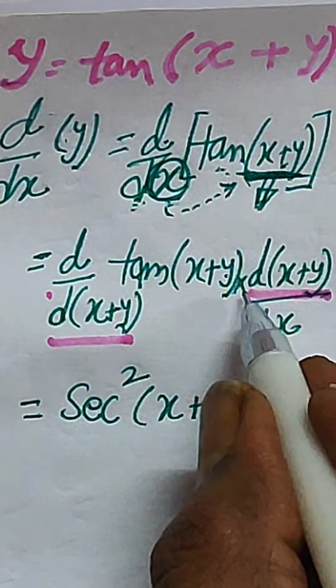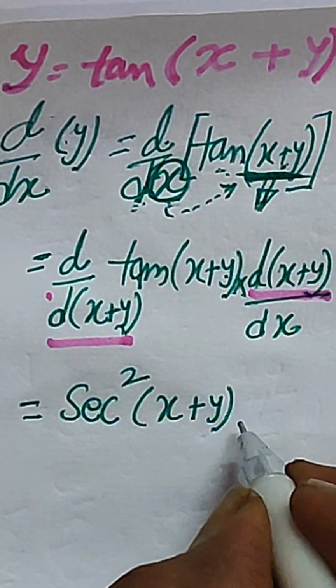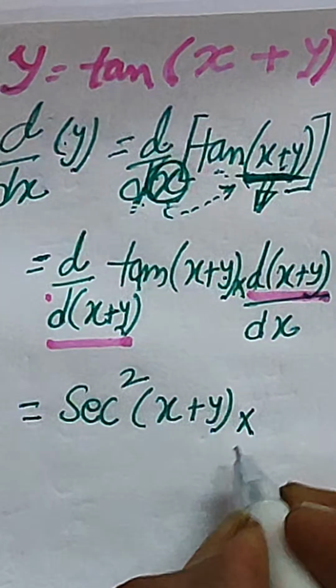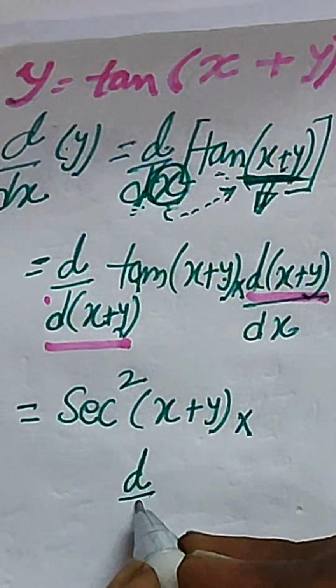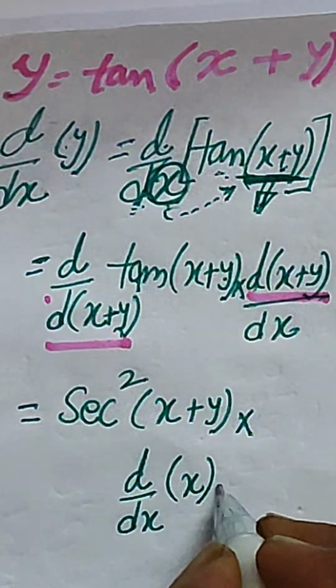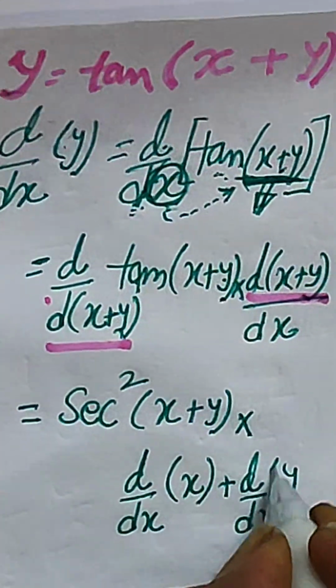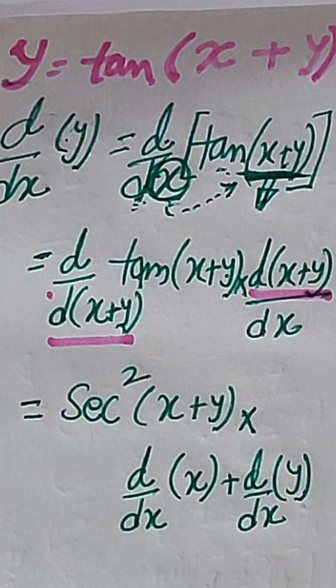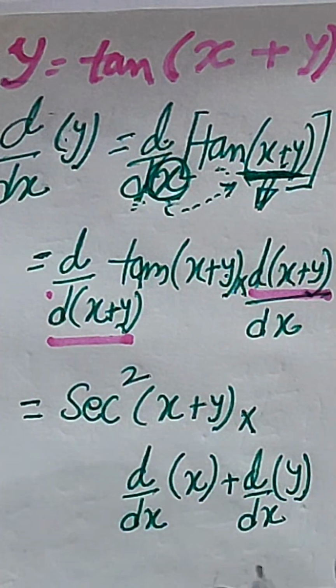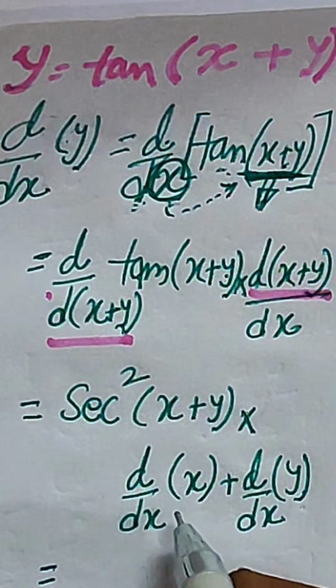Now here you can see d by dx of x plus y. It will be multiplied, and we just split it: d by dx of x plus d by dx of y. Is it fine?